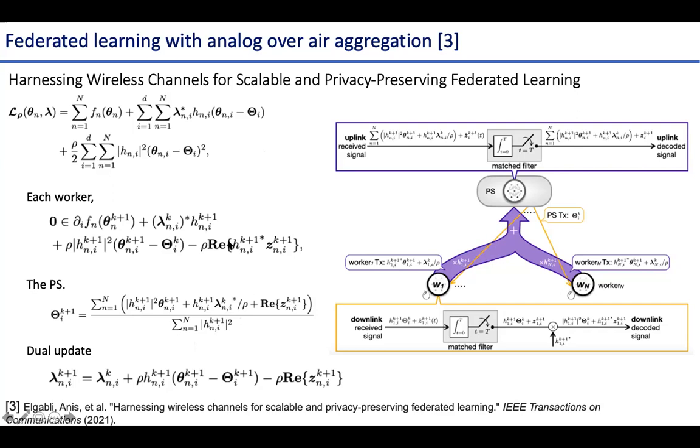pilot signal transmission from the workers, because again, if you think of how the channel estimation is happening, actually the parameter server will send one pilot signal in the downlink, and every worker can update the individual channel, and under the assumption of uplink downlink symmetry, every worker can send H conjugate, which will be received because H conjugate times H will be H square, and the parameter server will be able to estimate the sum of H squares.